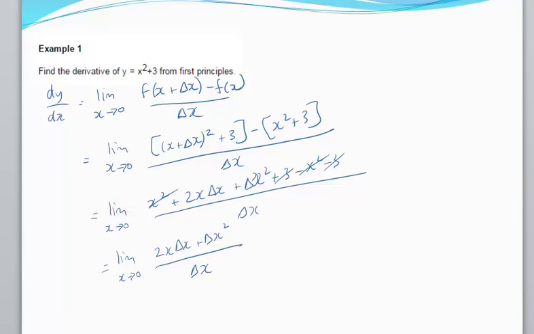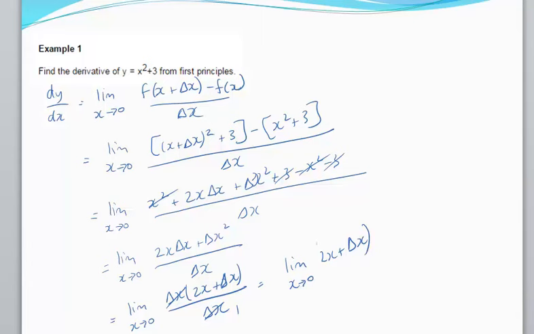At the top of our equation, we can take delta x out. So the limit of delta x outside of 2x plus delta x, divided by delta x. We can cancel these out, and it becomes the limit as delta x approaches 0 of 2x plus delta x. Substituting in, we get 2x as delta x approaches 0.